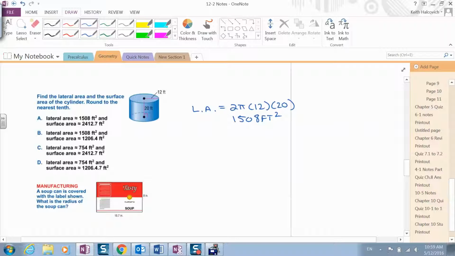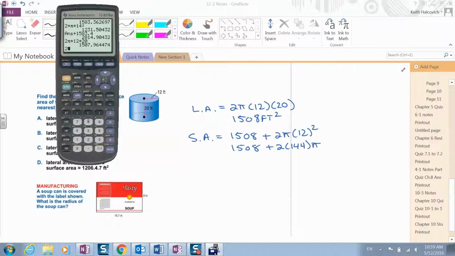The surface area is going to be the lateral area plus the area of the two bases. So it's plus 2 times 144 pi.